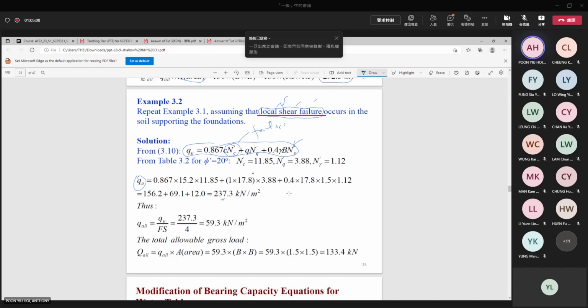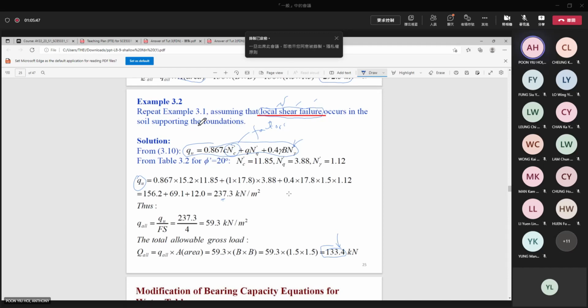And again, you can see the load is much reduced. That is because it is local shear failure, the soil is looser, so it is weaker and its bearing capacity is lower. So these two examples give you how to apply the Terzaghi's formula in shallow foundation design.